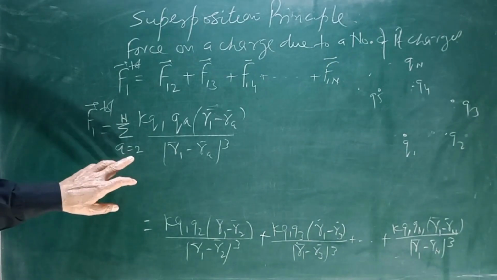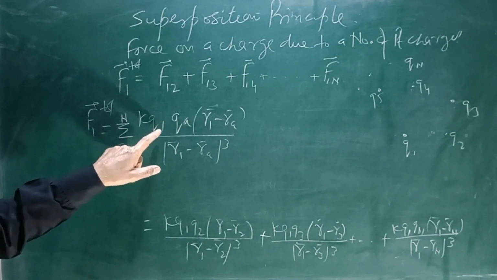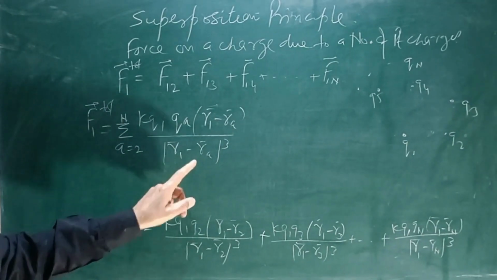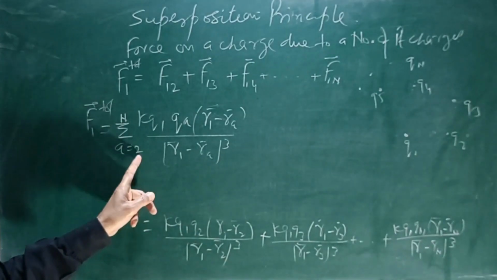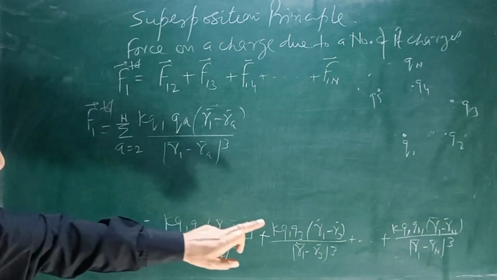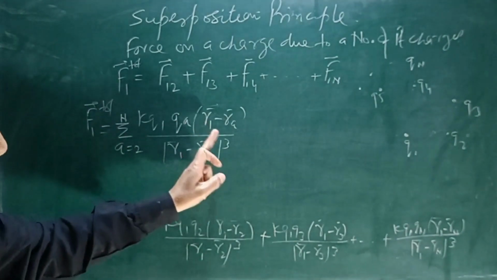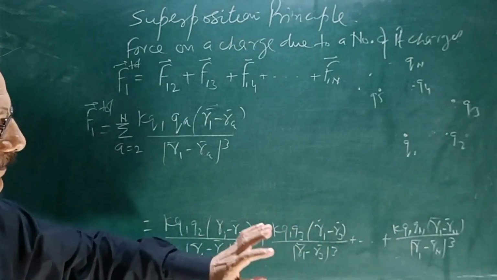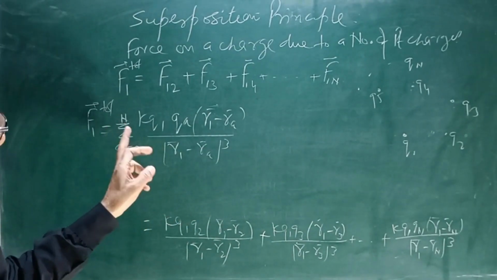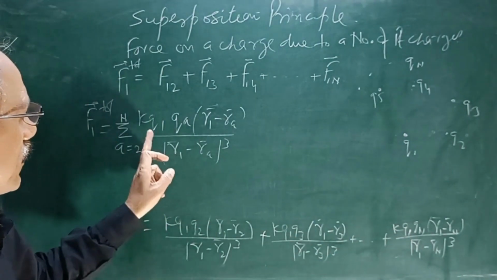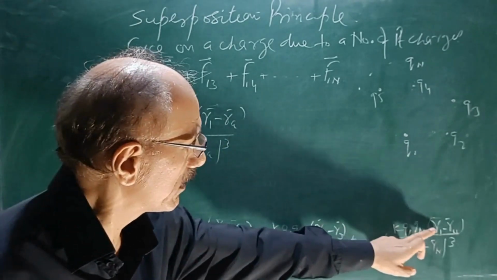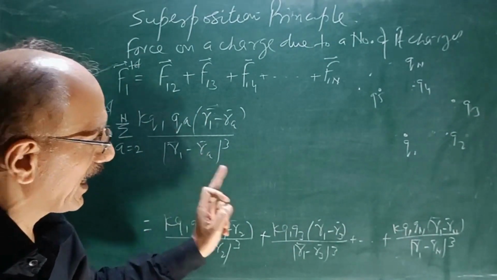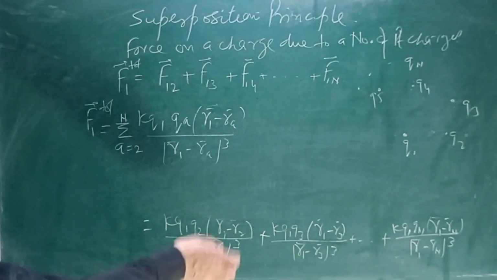For example, when A equals 2, it will be K Q1 Q2 R1 minus R2 upon modulus of R1 minus R2 cubed, and this term will be obtained. When you put A equal to 3, this becomes K Q1 Q3 R1 minus R3 upon modulus of R1 minus R3 cubed. Then if it is n, it will be K Q1 Qn R1 minus Rn upon modulus of R1 minus Rn cubed. So this can be expressed in this form.